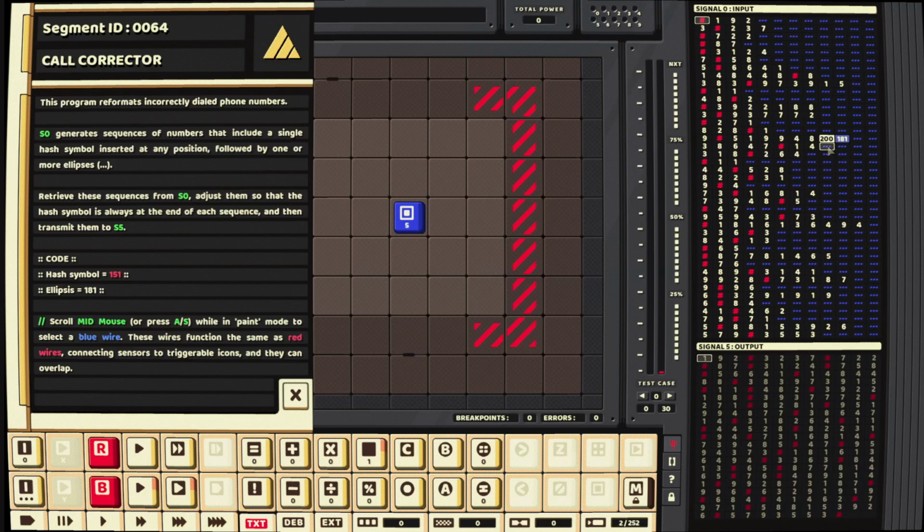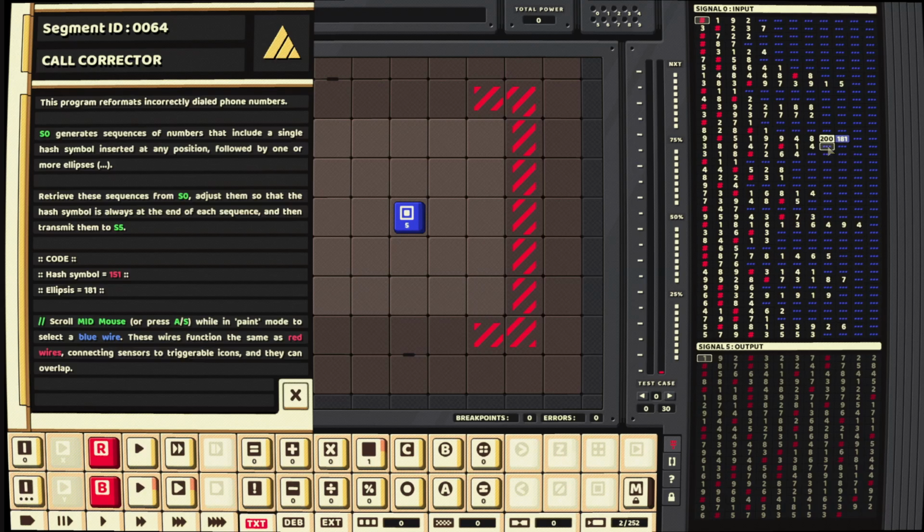But my idea for now is when we receive a hash, we will just send it to an obstructor on infinite delay or indefinite delay. And then when we receive an ellipse, we will send a signal to the obstructor saying, release the hash that you are holding on to, right?